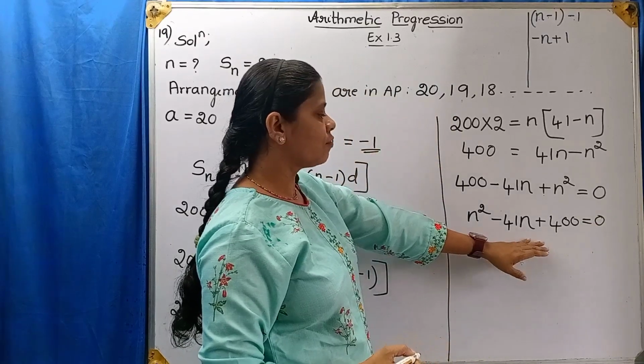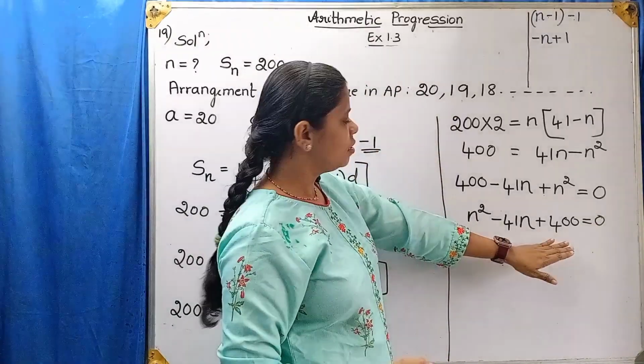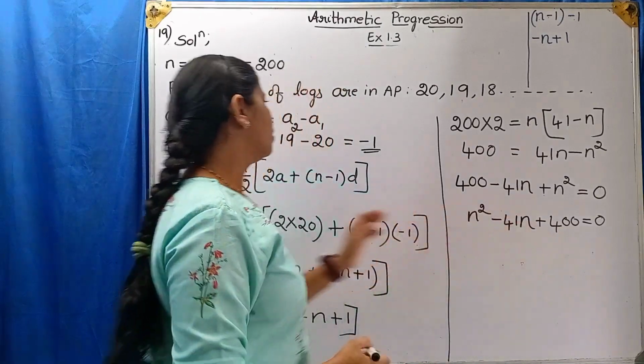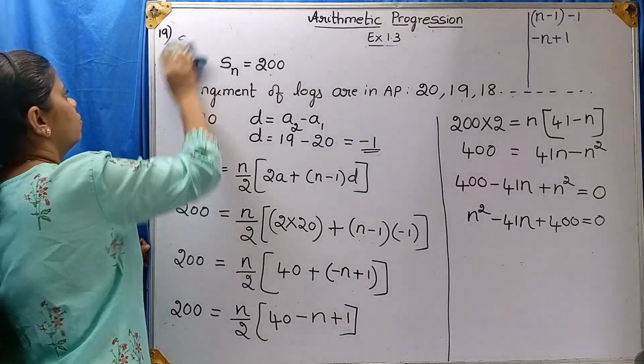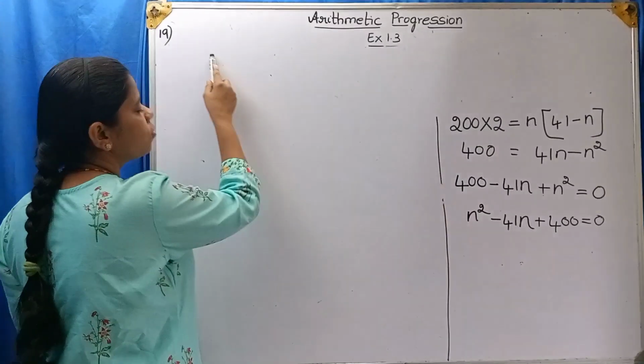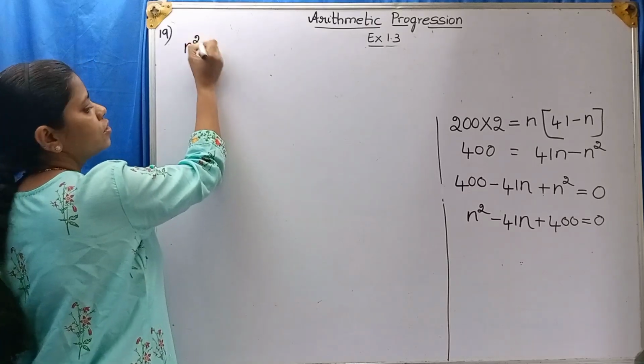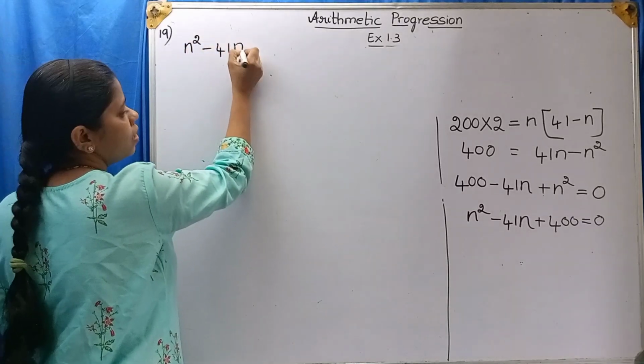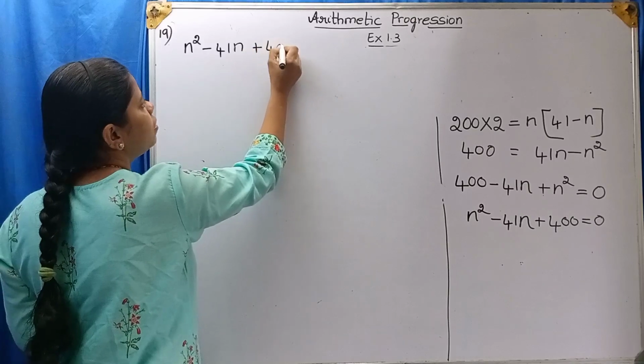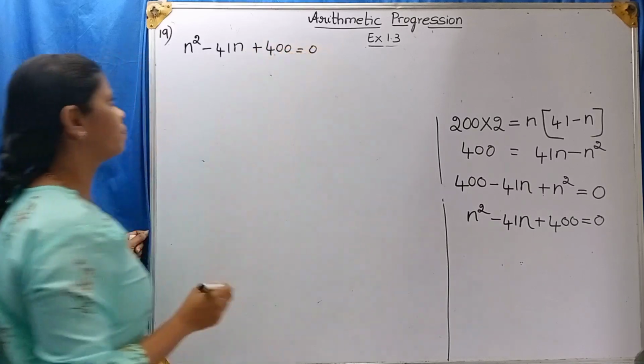Now the quadratic equation is in order. Let us solve this. Now let me rub this one. Let me copy this quadratic equation here. n square minus 41n plus 400 is equal to 0.